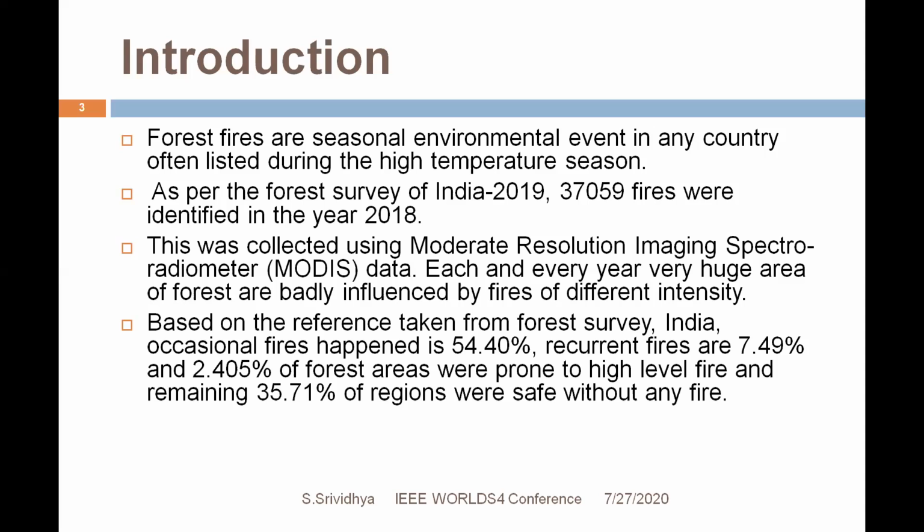Based on this data, 54% were occasional fires, recurrent fires were 7%, and fires of the highest level were 2%. So more than 50% of the forest areas were affected by fires.